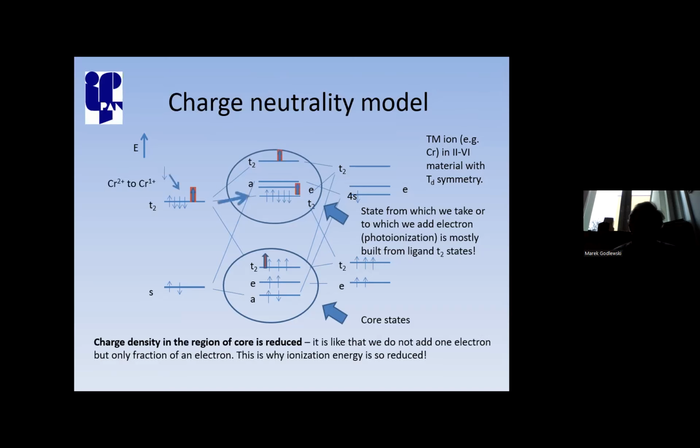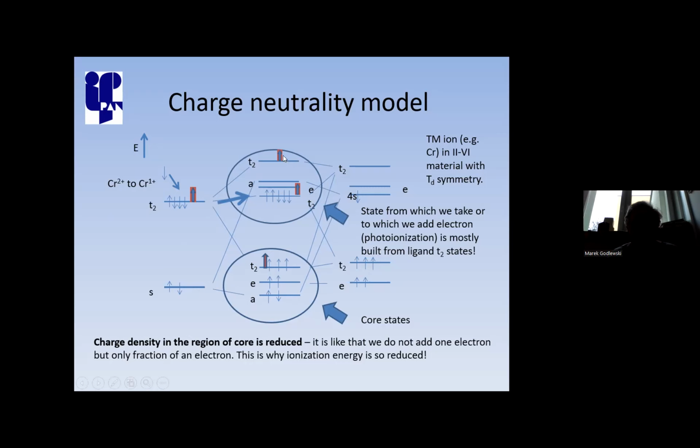So what will happen if we check how the model changes when we add one electron? I'll go from chromium 2+ to 1+. To prepare it, I put one extra electron on the ligand. So this level should, due to electron-electron interaction, go up. If this level goes up, this level here will be less affected and also shift slightly up.